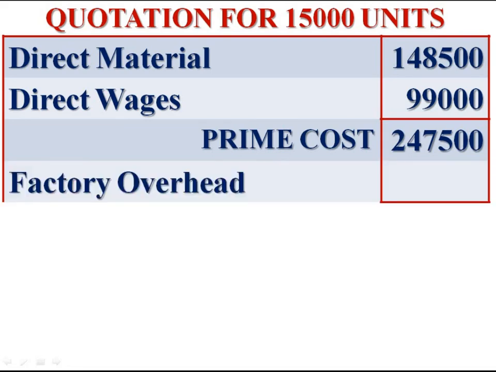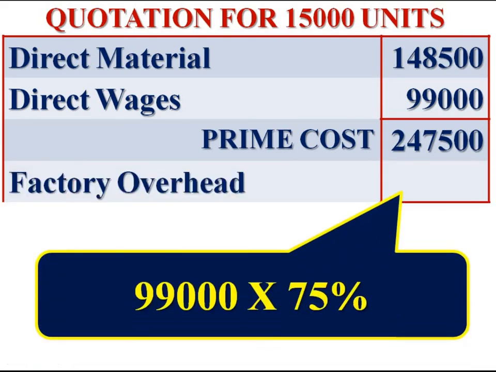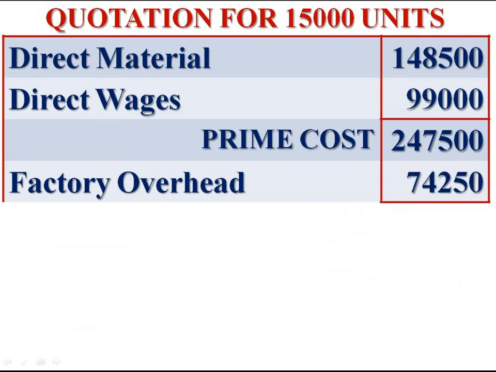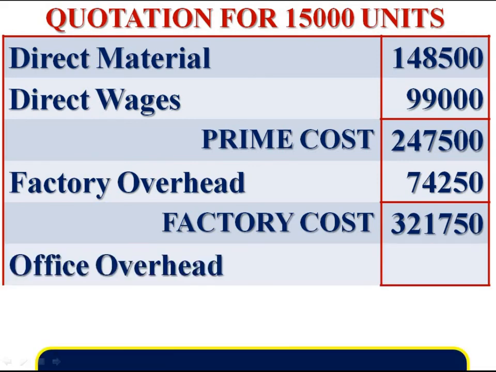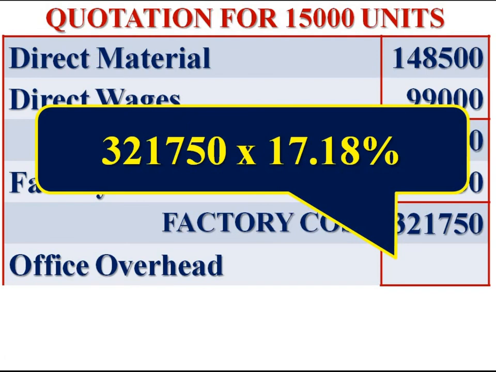Add factory overhead. It is 75% of wages. 99,000 into 75%, rupees 74,250. Add it, we get factory cost. Add office overhead. It is 17.18% of work cost. 3,21,750 into 17.18%.